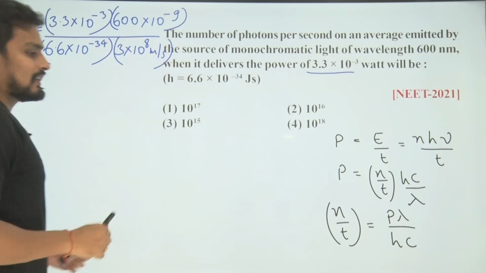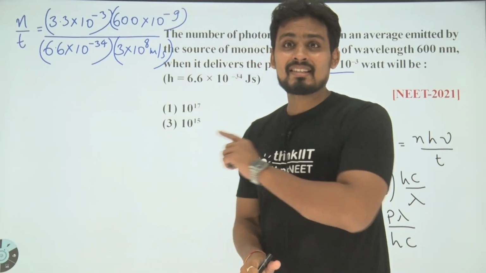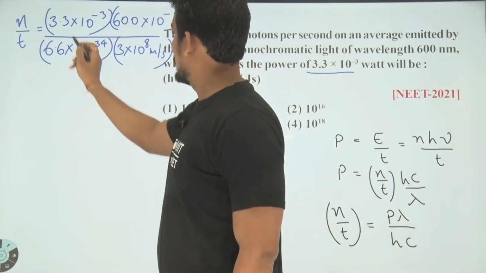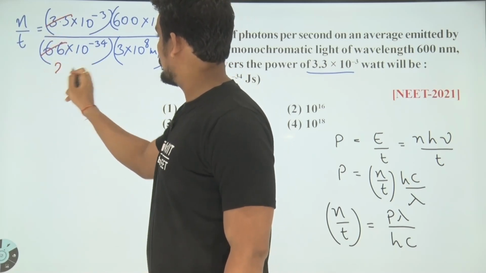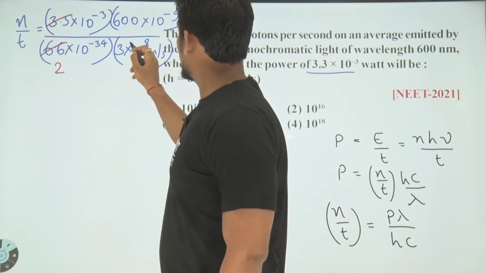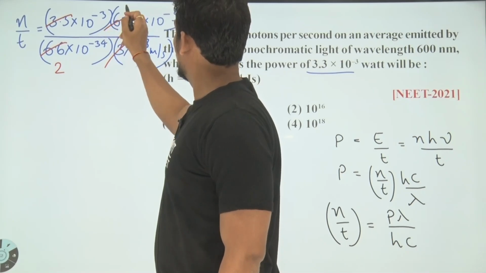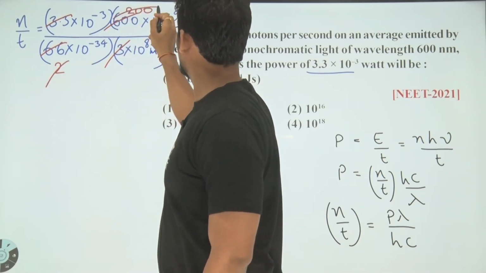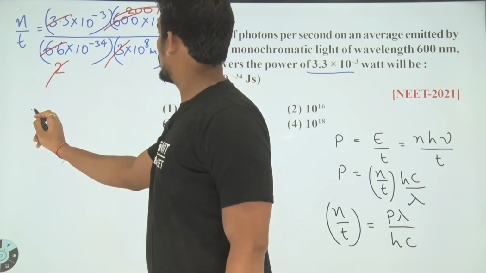Okay. Now let us try to calculate the value by cancelling out the common factors. So can we write down that 3.3 can be cancelled with this with a factor of 2. What else? Can I cancel this also with 200 and this with 2, which gives me 100. So on solving, what do I have?